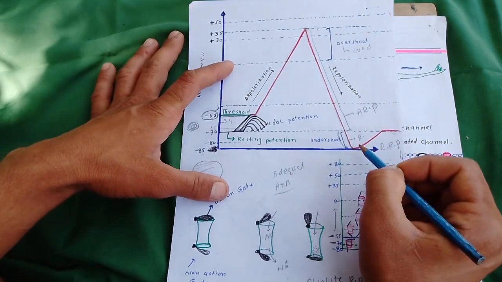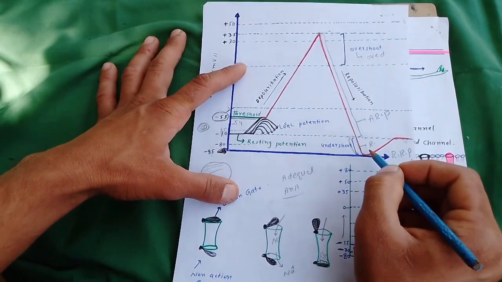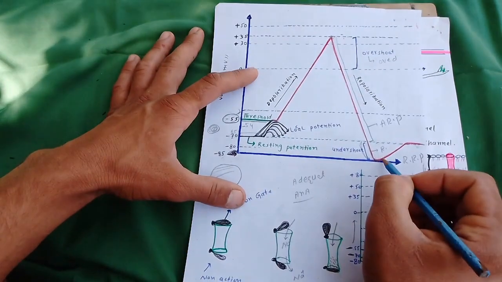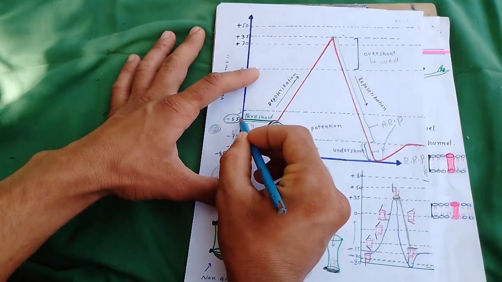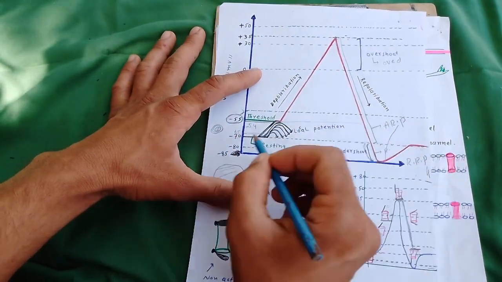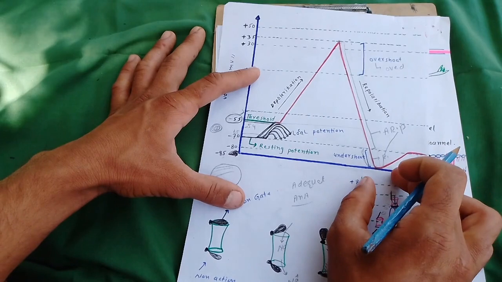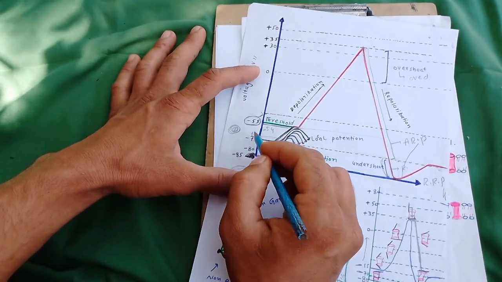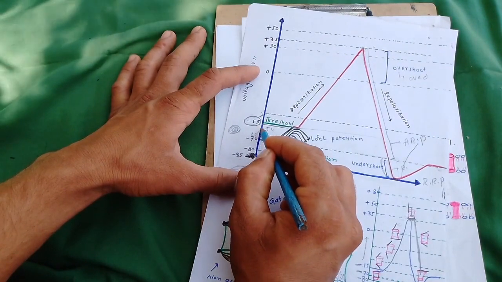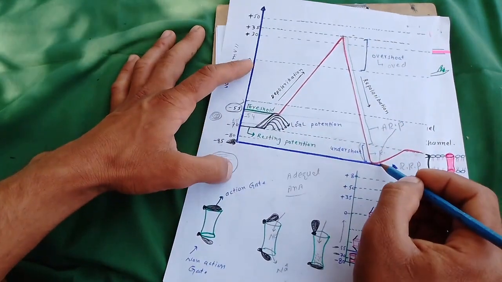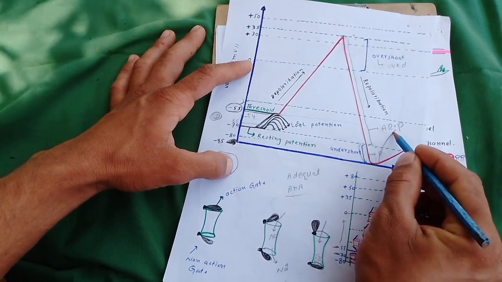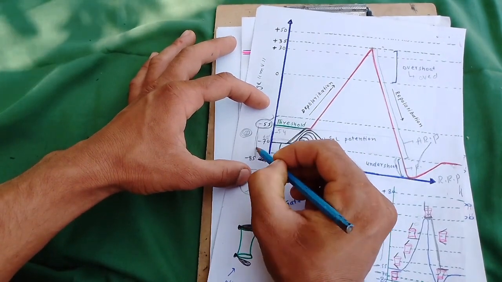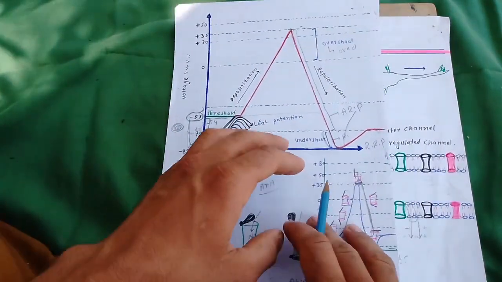But for the second stimulus, we need to carry the depolarization from minus 85 up to minus 55. So this needs a stronger stimulus than this one, because this one requires the least threshold stimulus, but this one requires a larger stimulus, because the distance is greater, while there the distance is least.